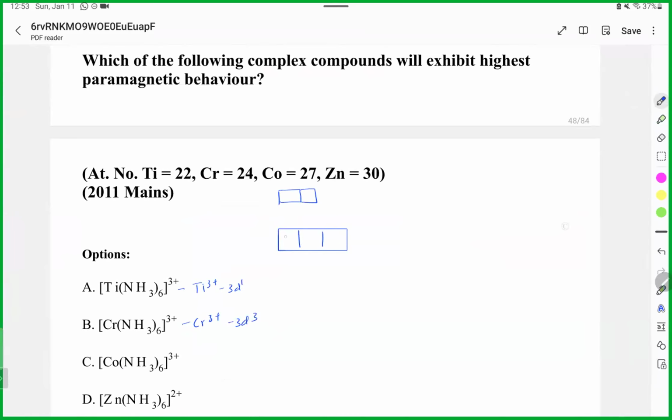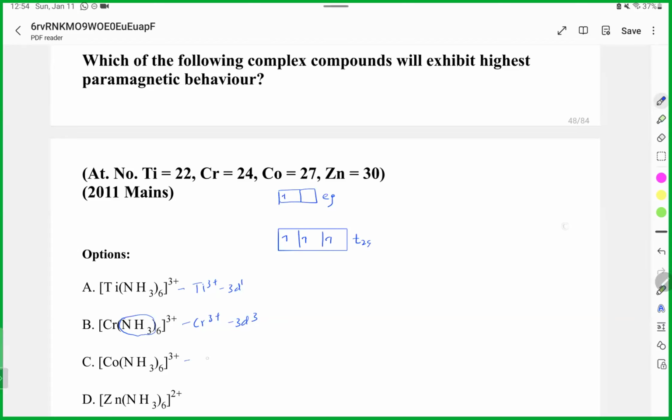Even if you have a strong ligand, still it will be unpaired. Anvita, now you got the idea? Even if you have the strong ligand ammonia, still it will be unpaired because you always start with unpaired. Then you cause pairing if there is a fourth electron. Whether the fourth electron should go to Eg, this is Eg, this is T2g, or it will cause pairing.